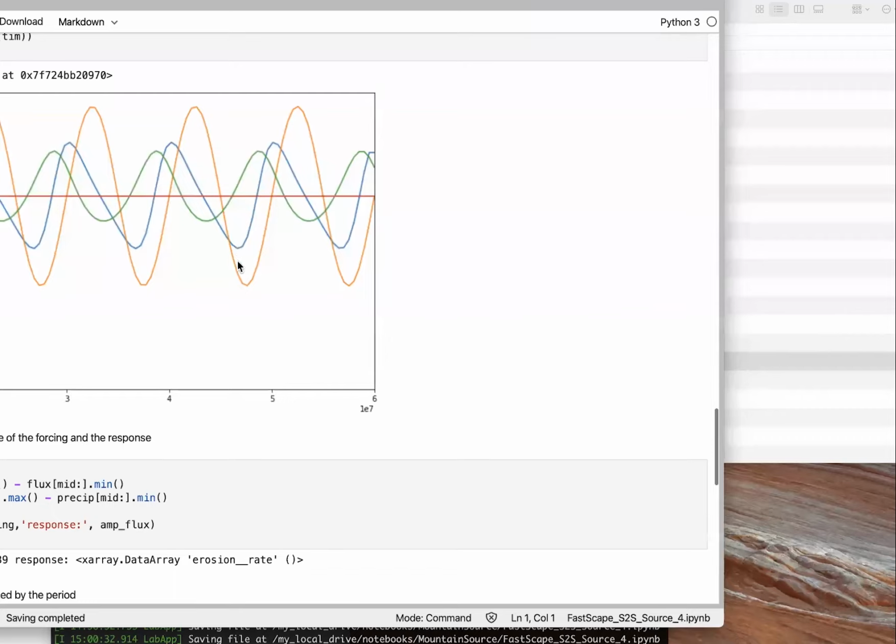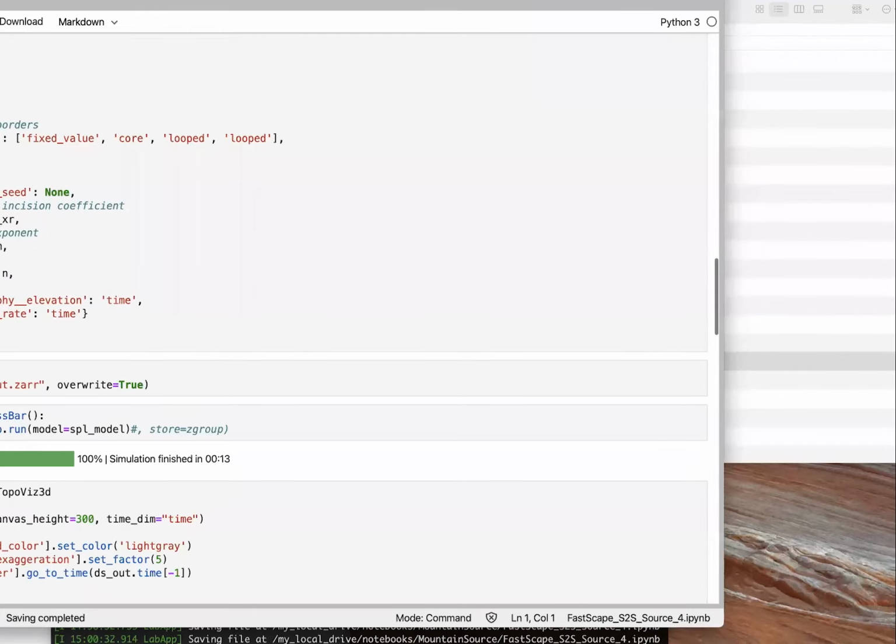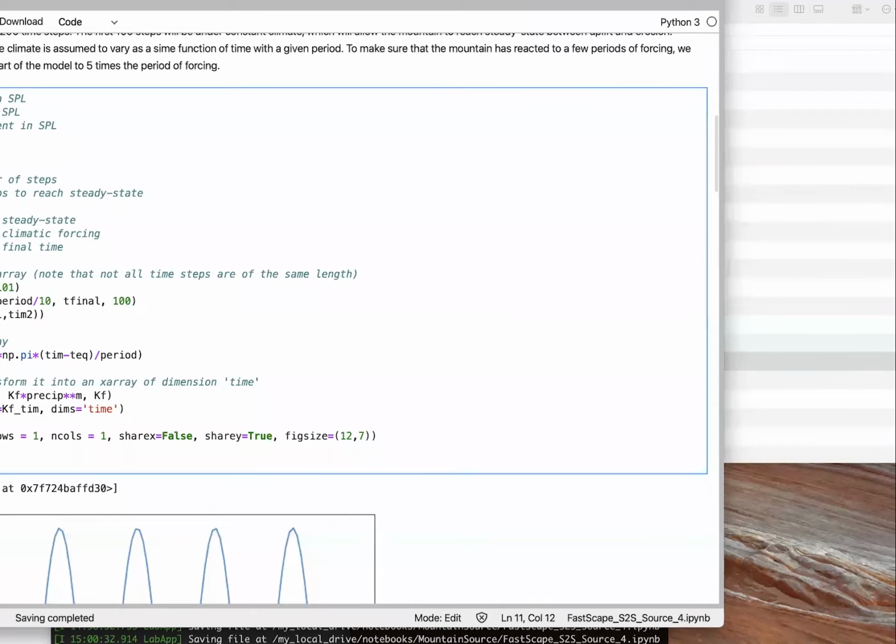Let's quickly run again the other extreme case. Run the fast 100,000 year cycle climate variations, and again plot this figure.